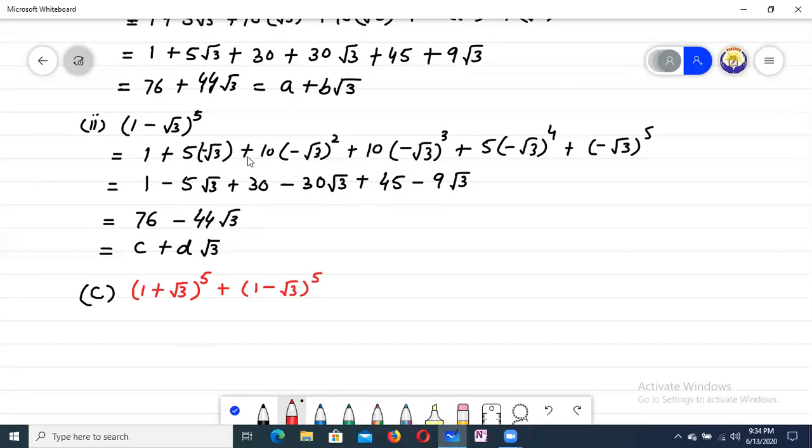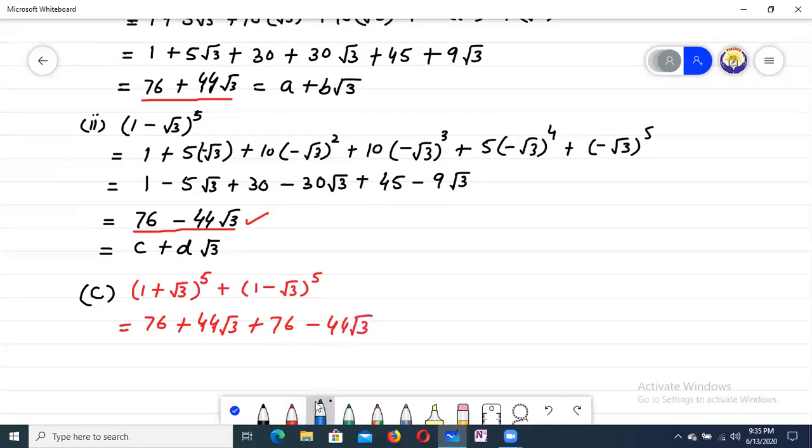As the simplification of 1 plus square root 3 raised to the power 5 is this one, and 1 minus square root of 3 raised to the power 5 is this one, here we can place 76 plus 44 square root of 3 plus 76 minus 44 square root of 3.